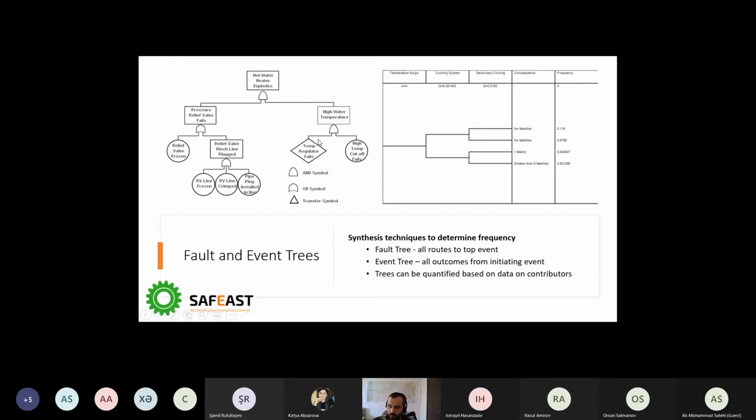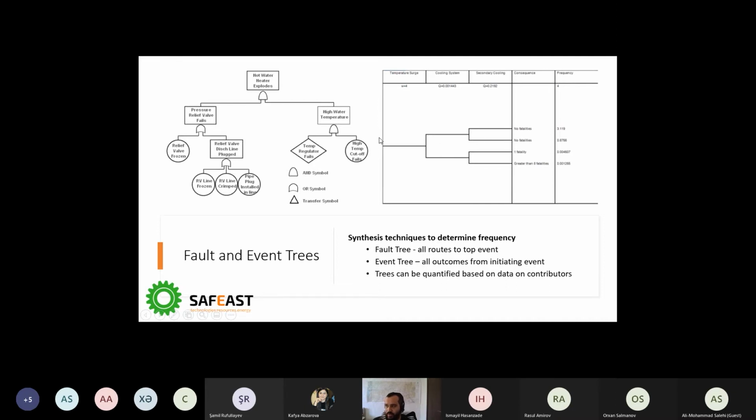Then sometimes we do quantification. We quantify this tree to understand the frequency of a hot water heater explosion. Once we have this fault tree developed and quantified, from this event we develop the event tree, and all outcomes happen from the initiating event.